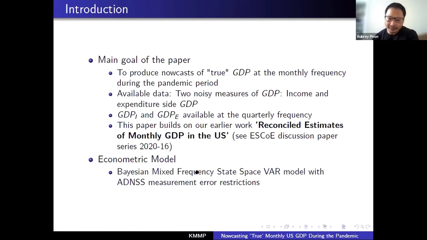I'll talk more about this ADNS measurement error restriction in the next slide, but basically it allows us to reconcile these two GDP measures, GDPE, the expenditure side, and GDPI, the income side, and it allows us to produce monthly true GDP estimates.